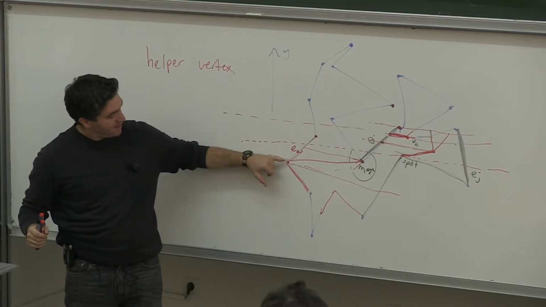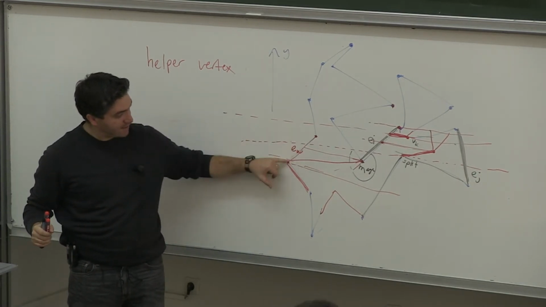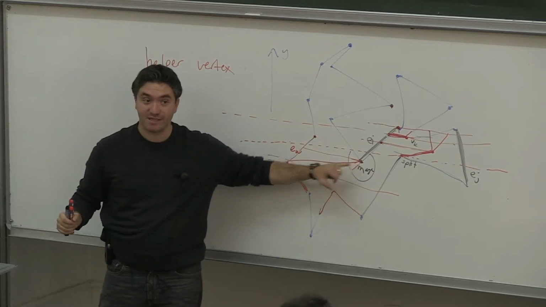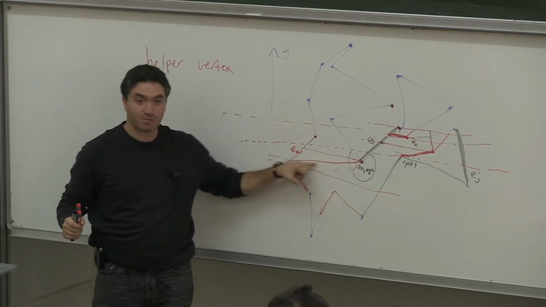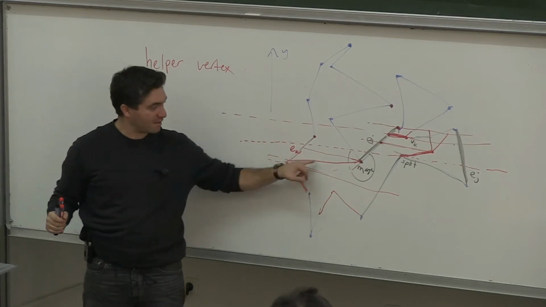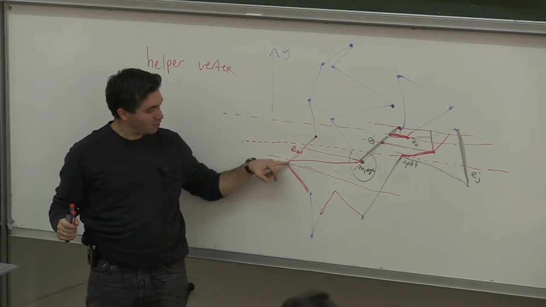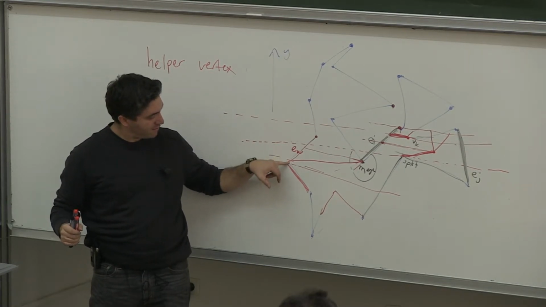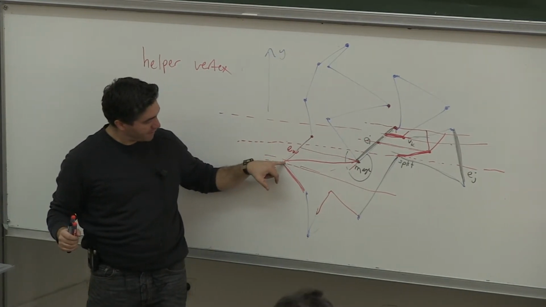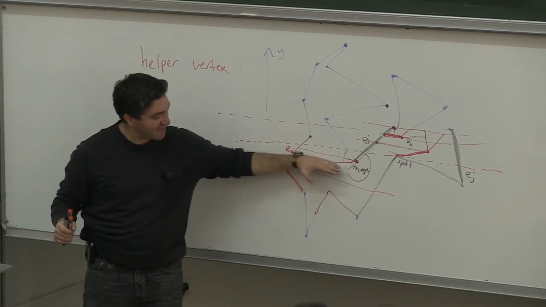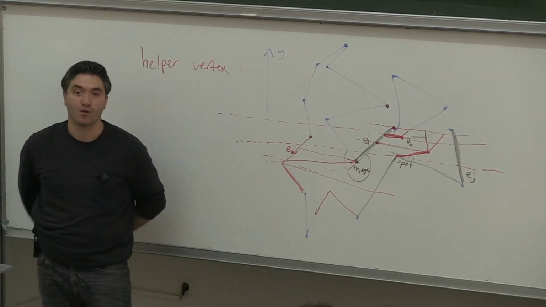If the helper vertex of this EW was a merge vertex, I can draw a diagonal to this merge vertex easily, because since it was always the helper vertex, I'm sure that this diagonal from this end of EW to this merge vertex is never going to intersect another polygon edge.